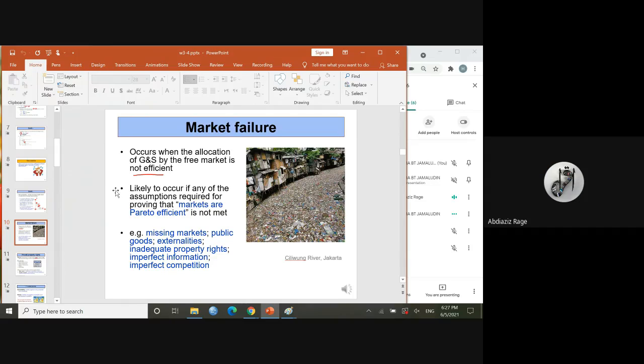Example, I know one remittance. One remittance in my country. They exit the market. One polluter. Yeah, one remittance. They exit the market.